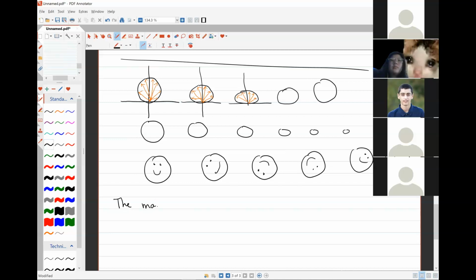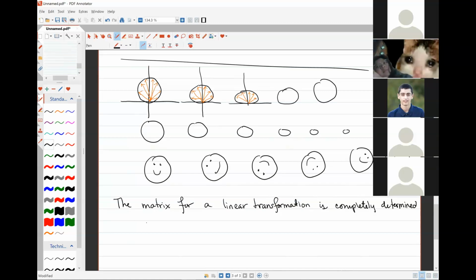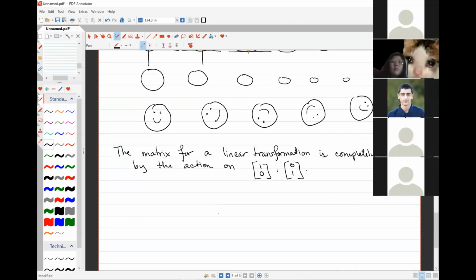The matrix for a linear transformation is completely determined by the action of the transformation on the basis vectors for the space. So for R2, that would be (1, 0) and (0, 1). For R3, you would have the three basis vectors like (1, 0, 0), (0, 1, 0), and (0, 0, 1), and so on.